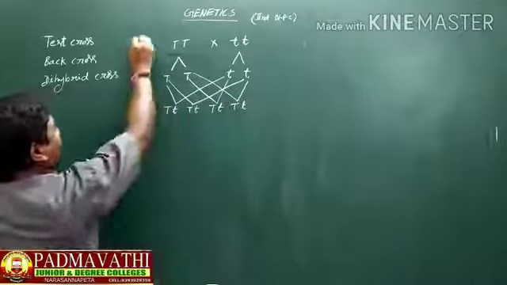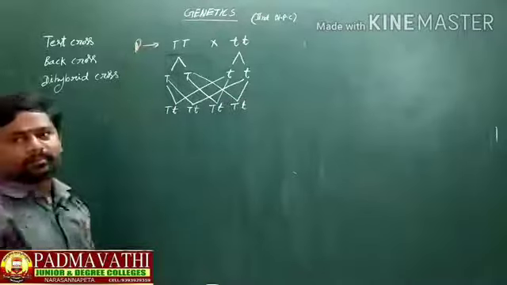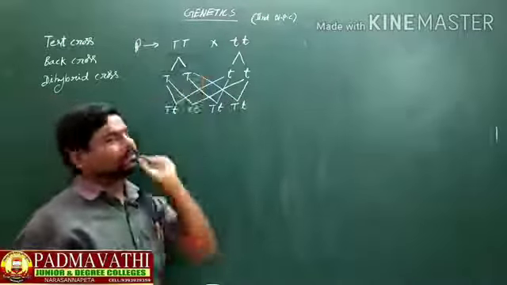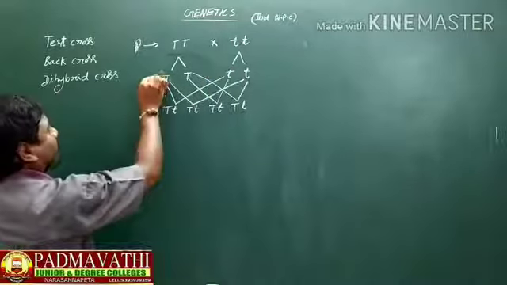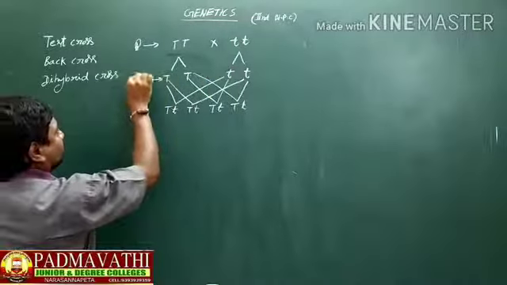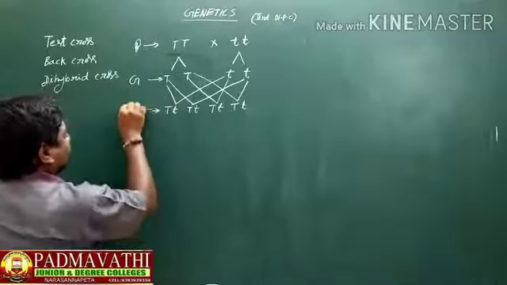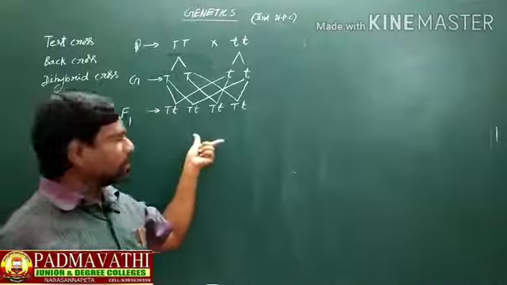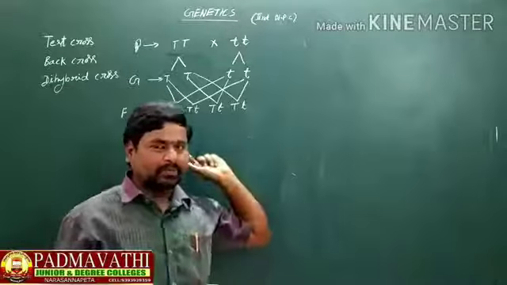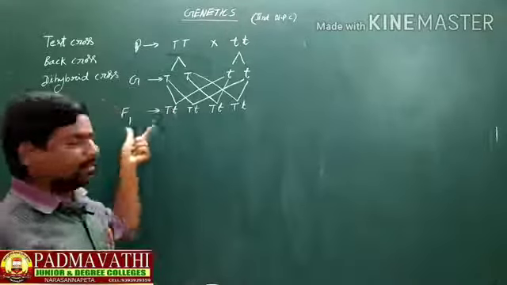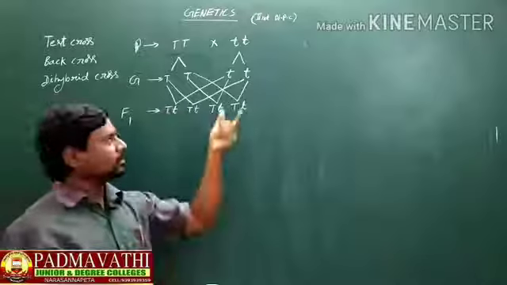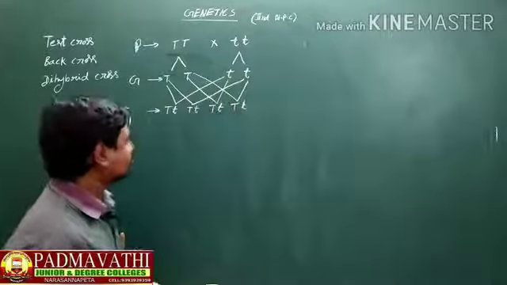So, these are parents, the parent generation. These are gametes, G for gametes. F1 progeny or filial generation, the F1 generation, the first generation in Mendel's monohybrid cross.